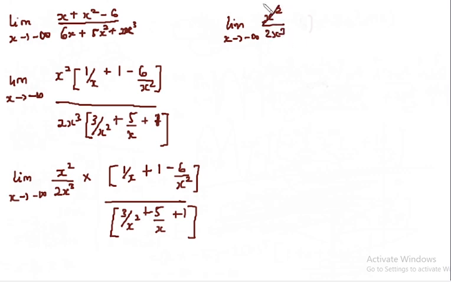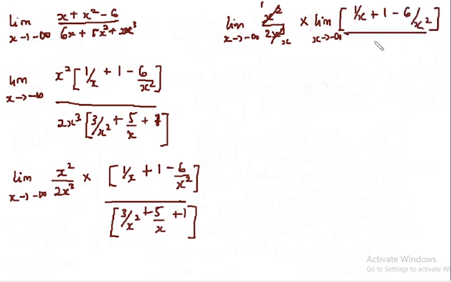This is 1 over 2x, times the limit as x approaches negative infinity of 1 over x plus 1 minus 6 over x squared, divided by 3 over x squared plus 5 over x plus 1.